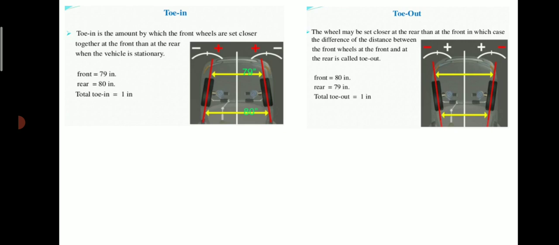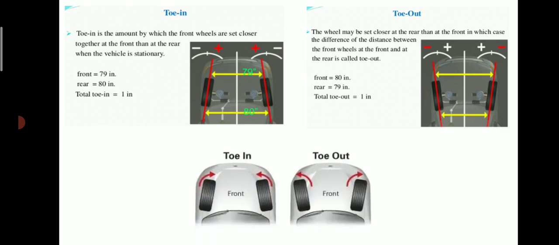Toe out: the wheels may be set closer at the rear than the front, in which case the difference of the distance between the wheels at the front end and at the rear is called toe out. Both of these figures indicate toe in and toe out. Front is 80, rear is 79, then total toe out is again 1 inch.